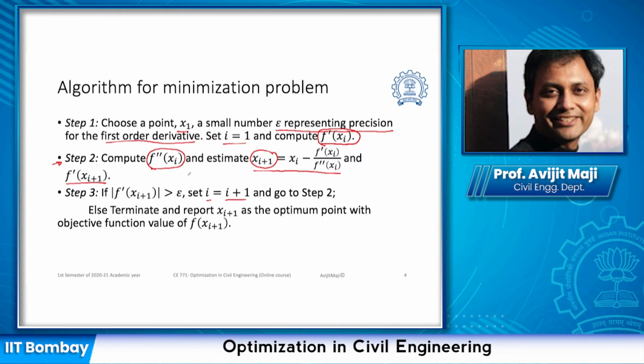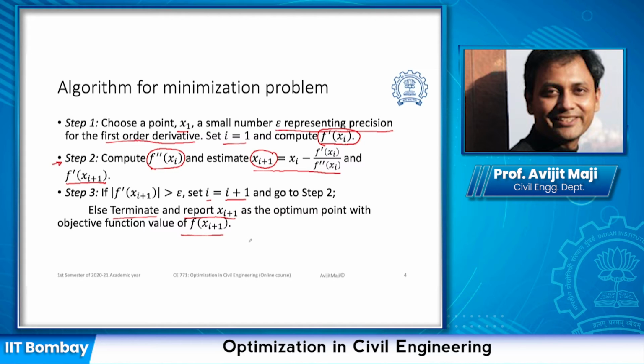This process continues until we obtain a slope at the new point which is smaller than the precision we want to achieve. Once we do that, we terminate and report the last point as the optimum point, with the objective function value at that point.